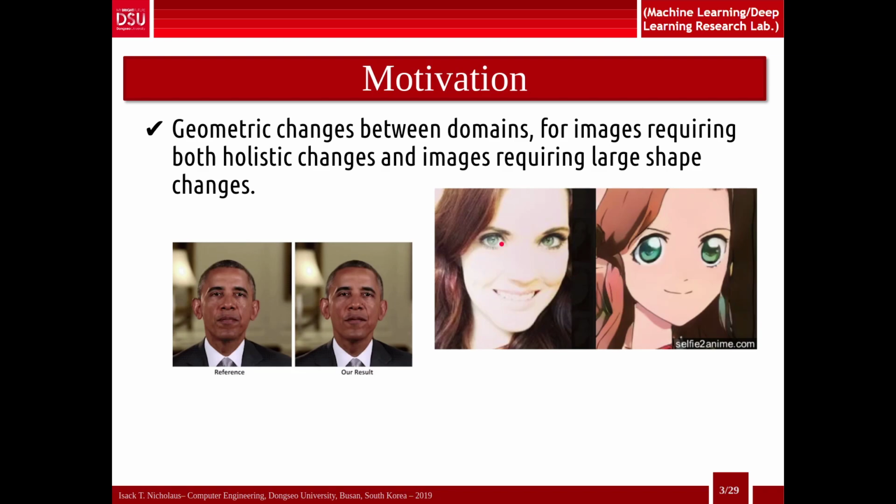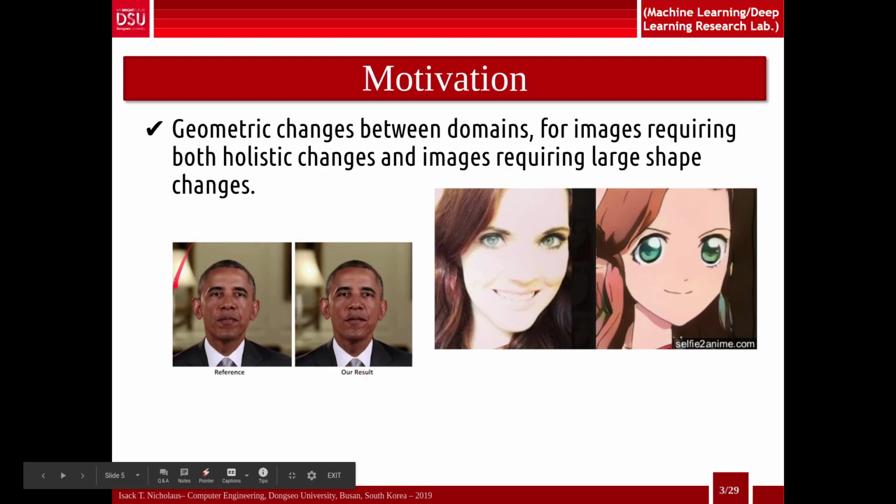For example, the size of the ears and eyes are somehow different. The shape of the mouth as well as the size is also changed quite a lot. So this is one of the challenging problems.